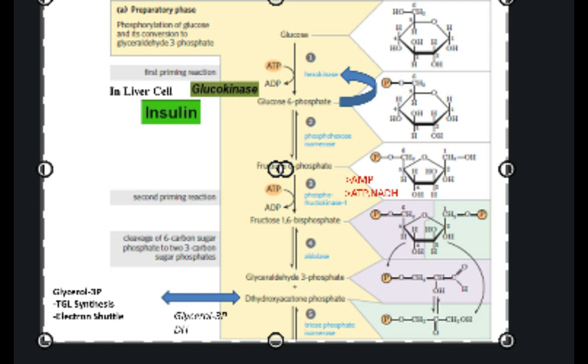Glucose is phosphorylated by hexokinase. Hexokinase means it is specific for hexose sugars, glucose, fructose or galactose, and kinase means it transfers a phosphate group. It needs ATP energy, so it utilizes ATP and transfers a phosphate onto glucose, and it converts glucose into glucose 6 phosphate.